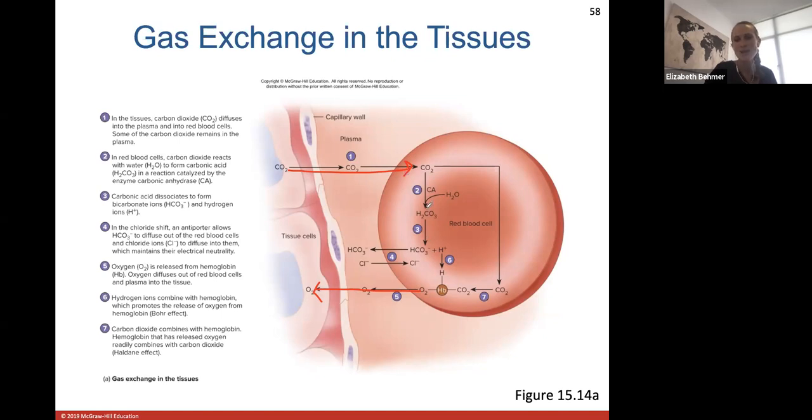This molecule is called the bicarbonate ion, and we'll talk about this very briefly. Bicarbonate ion is what carbon dioxide gets changed into as it gets carried in your red blood cells, and this bicarbonate ion helps to control the pH level of the blood. We'll briefly talk about that.